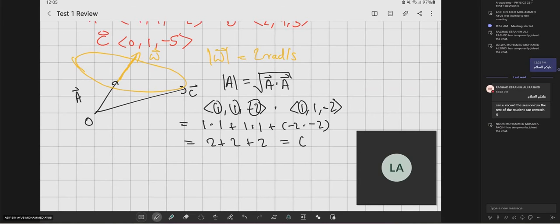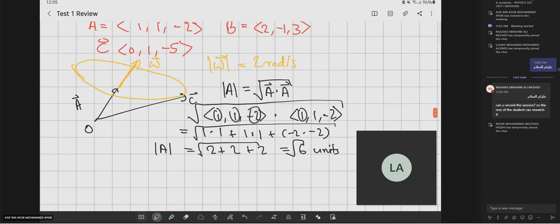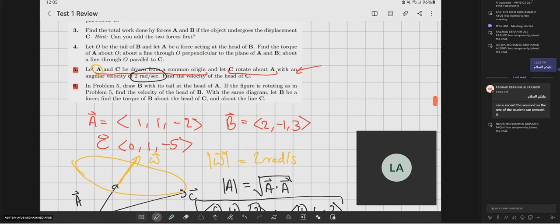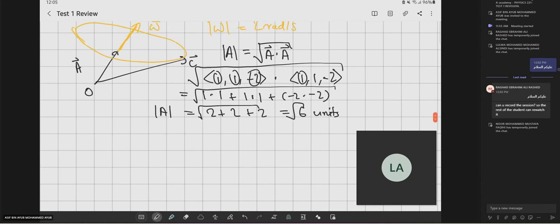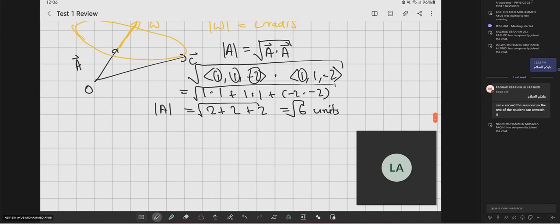Now I need to take the square root of this if I want the length itself. So what will I have? Square root of 6 units. This is the length of A, but we're given that omega is in fact 2 radians per second. So you have to multiply and divide by 2. First I have to divide by square root of 6.